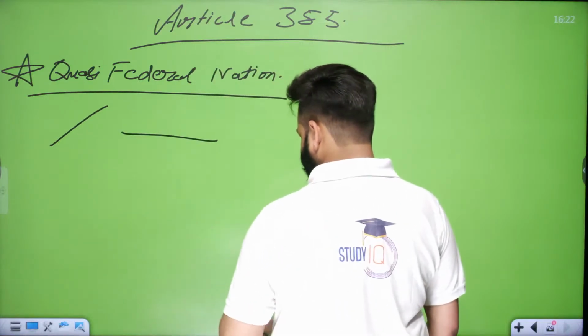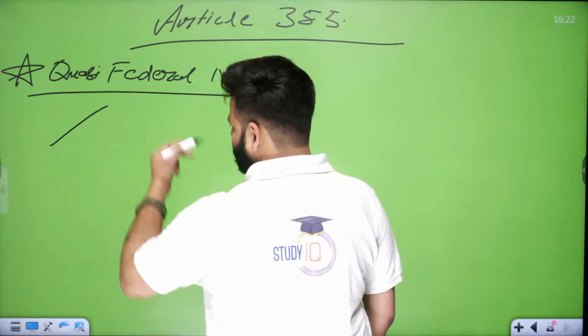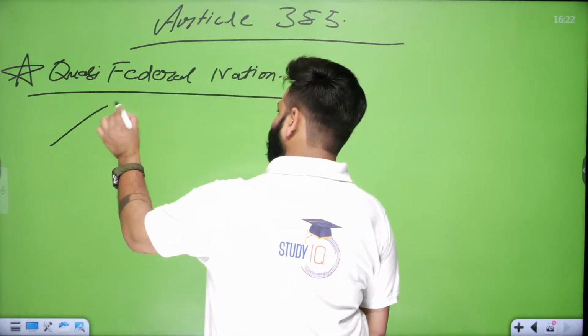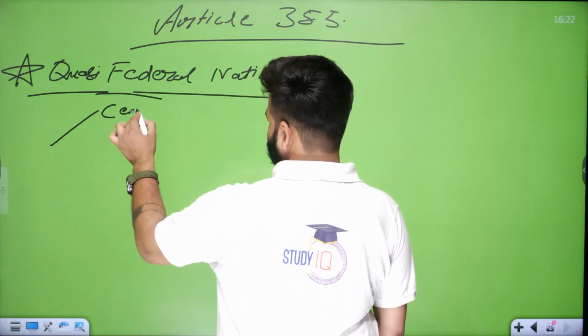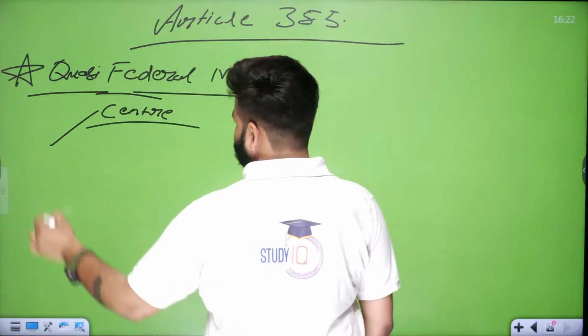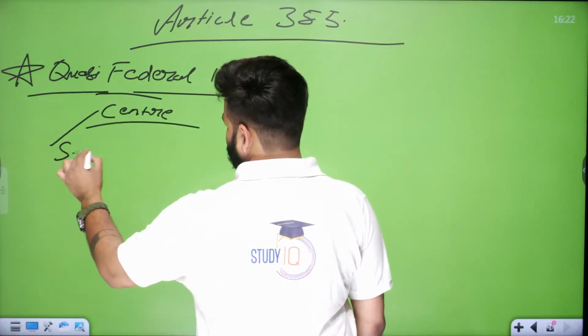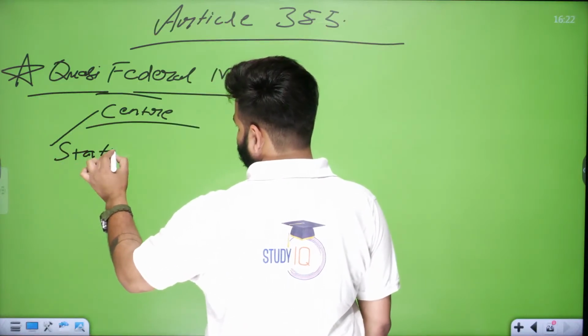We do not have a straight line. What we have got is a tilted line. At the apex, that is at the top, it is the center, and below that are the states.